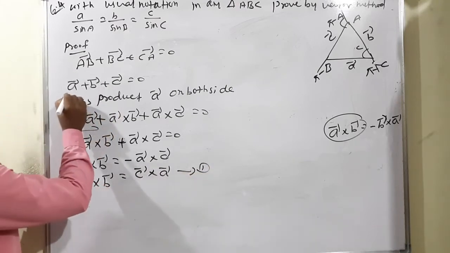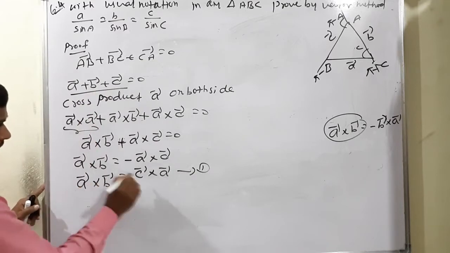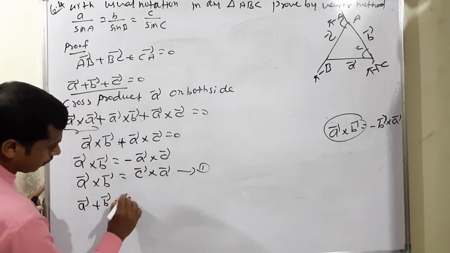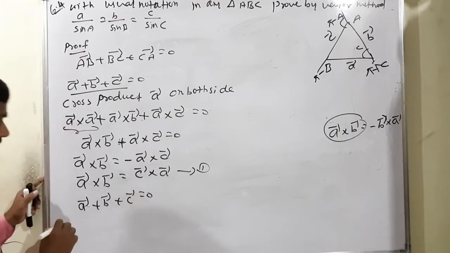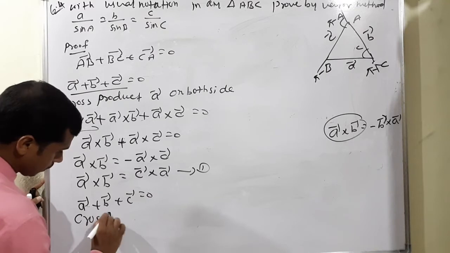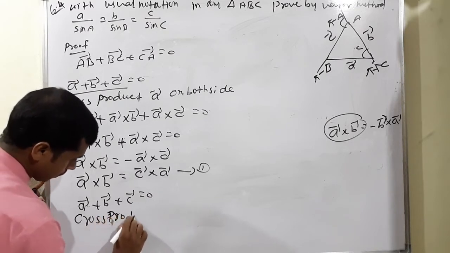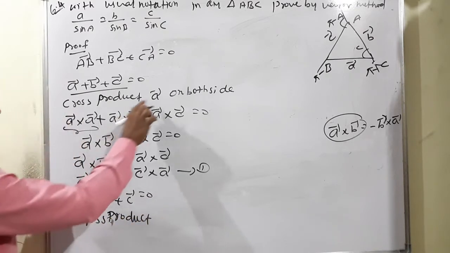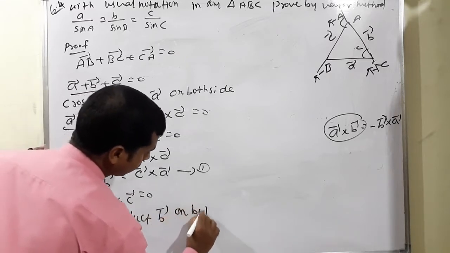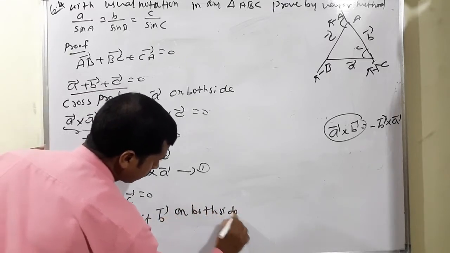The same concept again. a vector plus b vector plus c vector is equal to 0. Again cross product, but here consider b vector on both sides.